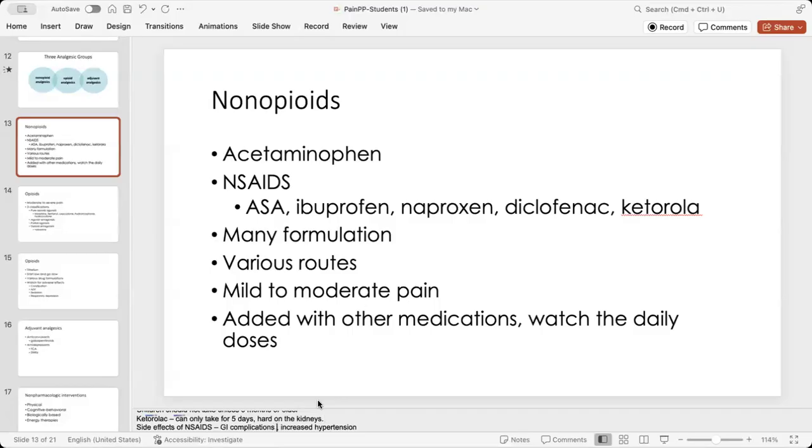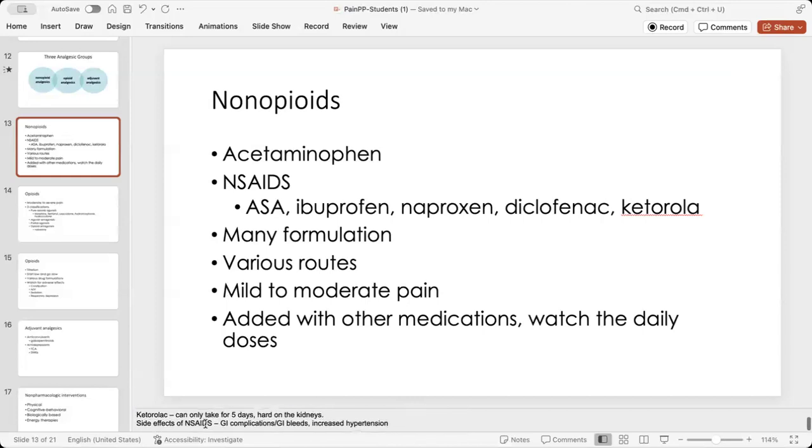So take it with food, okay, good. What else? So yeah, be careful with your clients. For the GI bleeding, they're at risk for hypertension, cardiovascular risks also. Okay. Otherwise, pretty safe, right? We use them pretty frequently.